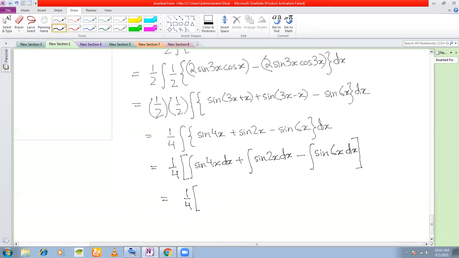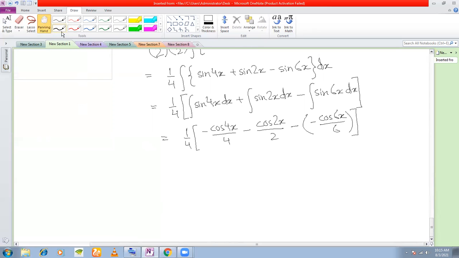Now integration of sine 4x is minus cos 4x divided by the derivative of 4x, 4. Similarly here, you have minus cos 2x by 2. And this will become minus cos 6x divided by 6.